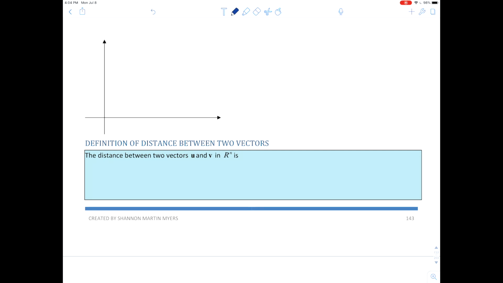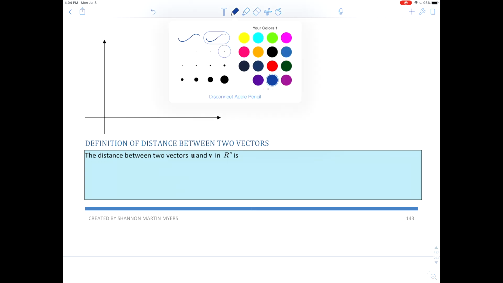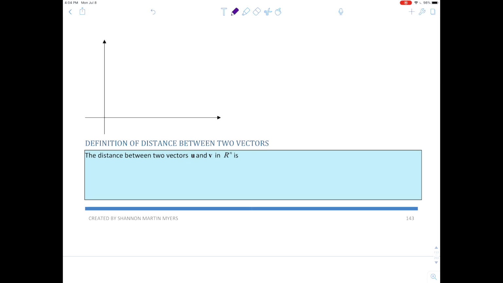The definition of distance between two vectors. So now instead of just drawing one vector, why don't we draw 2 vectors? So we'd have some vector v, and we'll just show the picture, of course, in 2 dimensions.